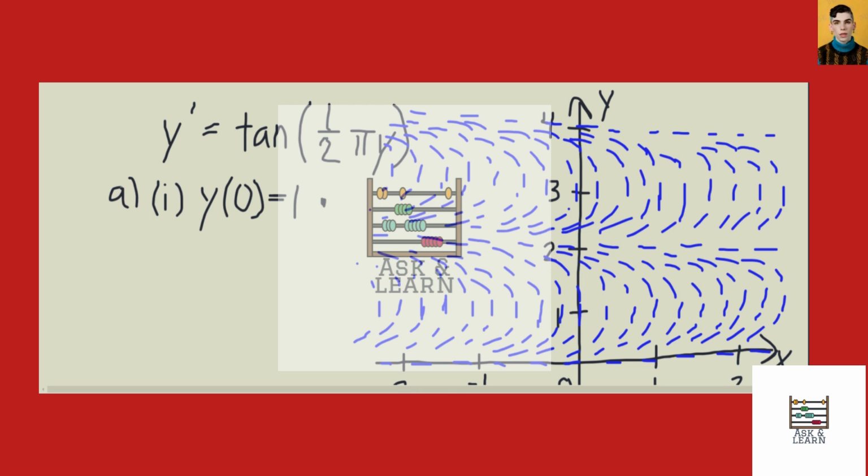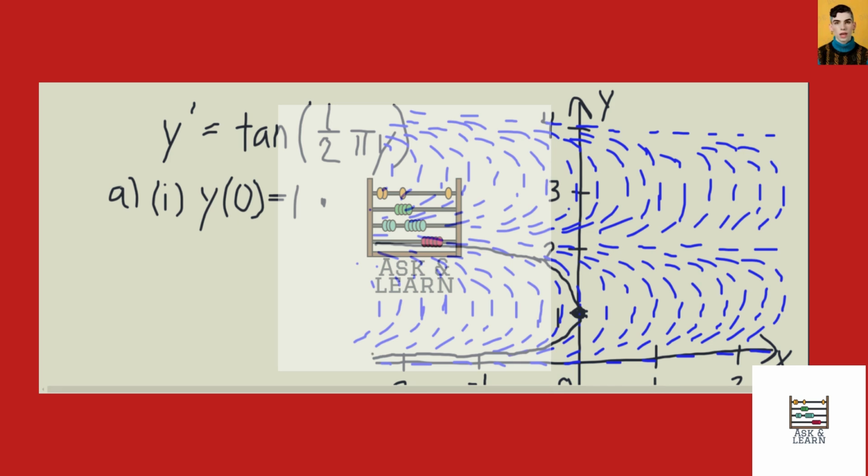We know that this graph will have a point at (0, 1), and roughly following the slopes of the slope field, we get a sort of parabola on its side, but it rises more steeply.